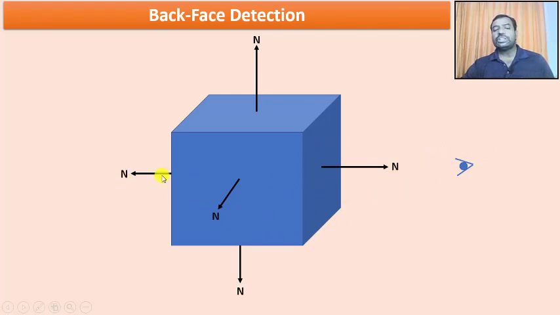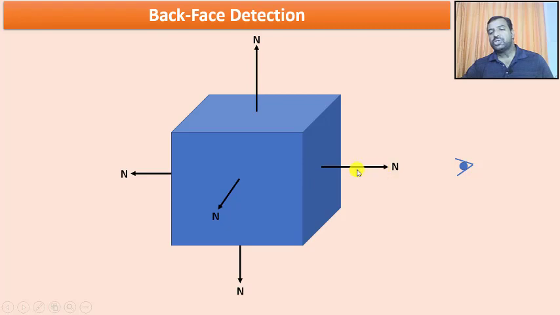Whichever normal vector is in the opposite direction of the view, that surface will not be visible to the viewer. And whichever surface normal is in the direction of the viewer, that surface can be visible, and we call this the front face.